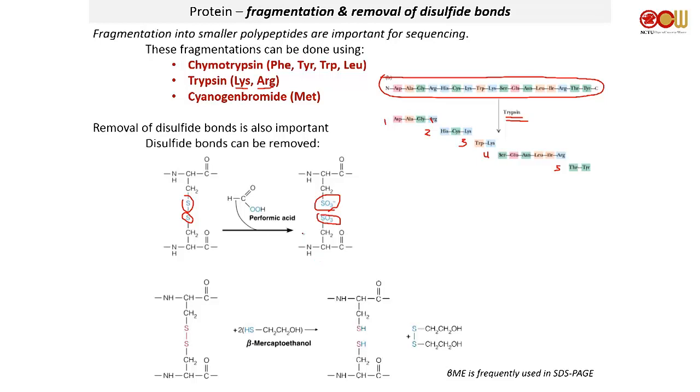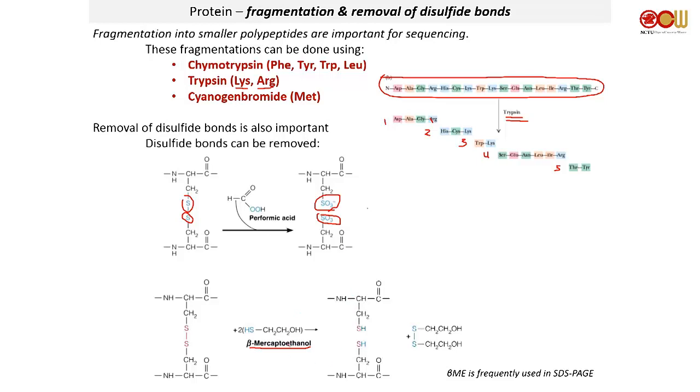You'll oxidize the sulfur into sulfates. Additionally, you can also do reduction. So this is oxidation. Then we can also use a reducing agent, where we can add beta-mercaptoethanol. Beta-mercaptoethanol is pretty much just like ethanol, but instead of an alcohol, it's a thiol, right? And it's a reducing agent.